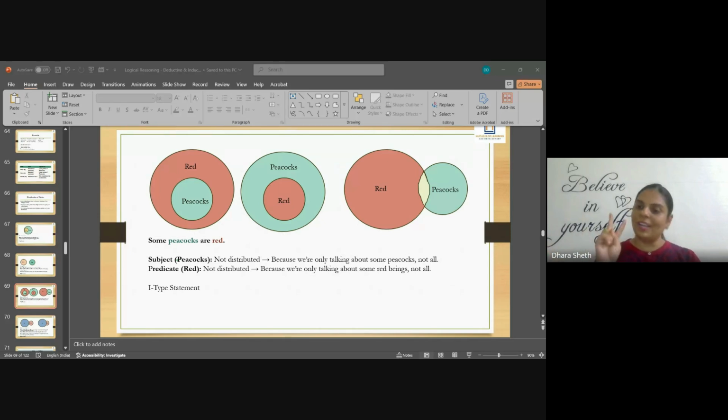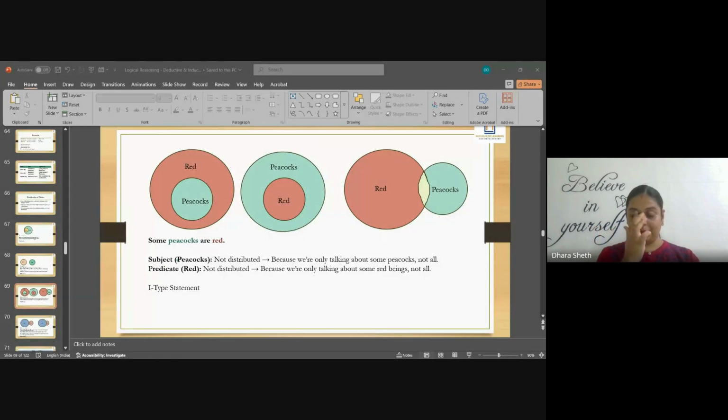Of course, there would be a second premise after this, which would remove one or two of the figures. But here we have only one statement. So based on this statement, three figures are possible. The second premise would tell me if there are two possibilities remaining or just a single possibility, and what my conclusion is. But based on the premise that some peacocks are red, there will always be three possibilities.